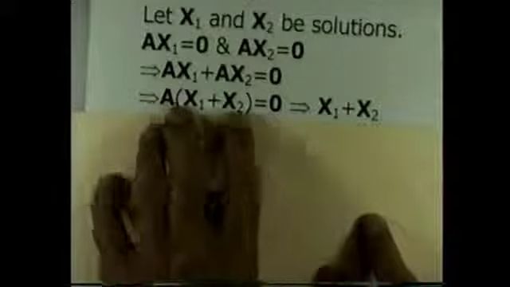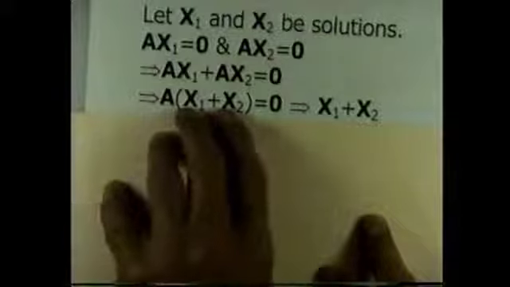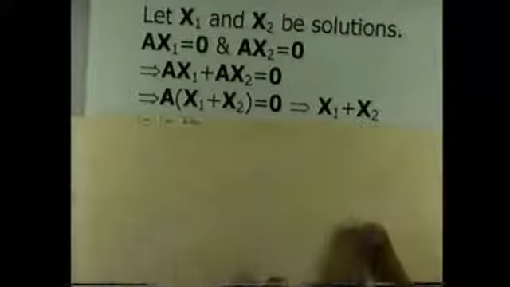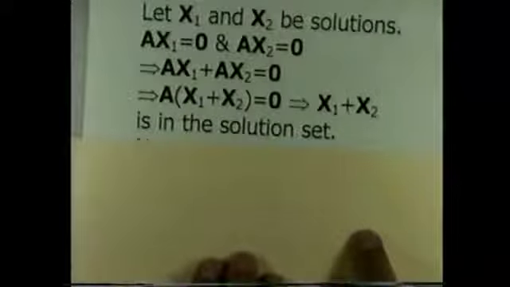By using the distributive property, I can factor out the A to have A times (x1 plus x2) equals 0. This means that A times this vector equals 0, which means that this vector is in the solution set. So we've proved closure under vector addition.